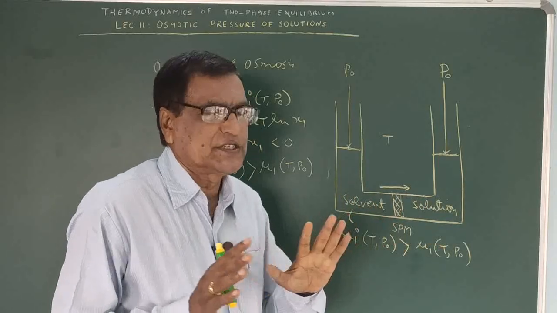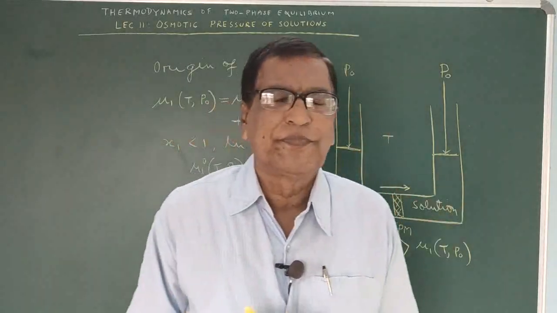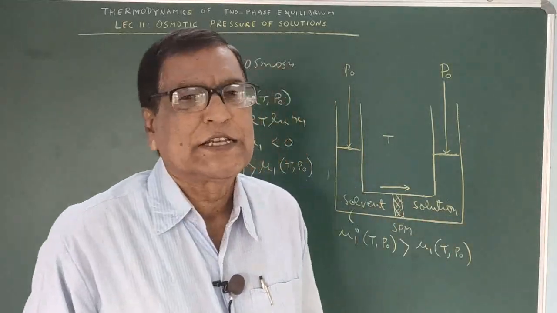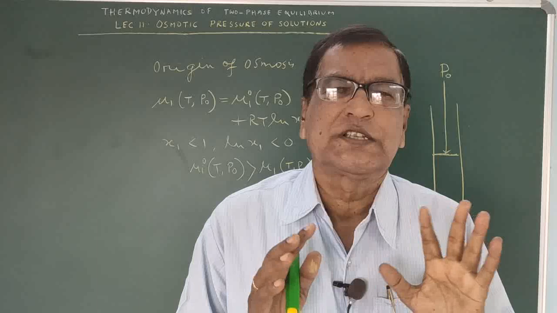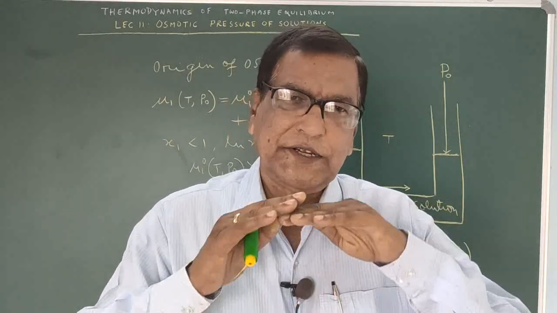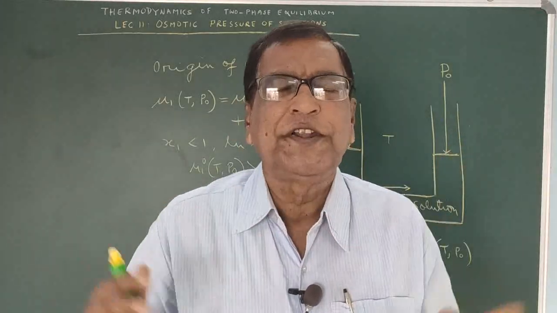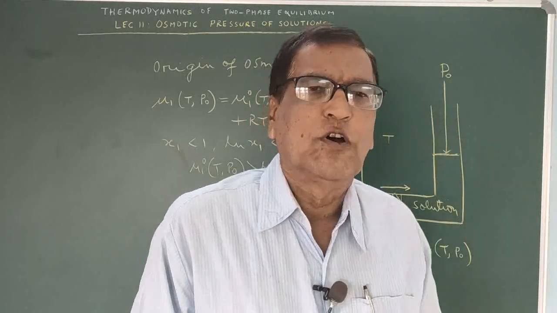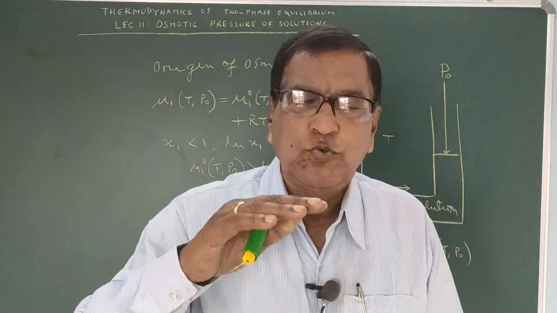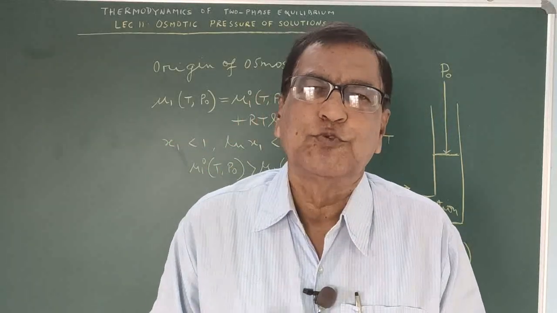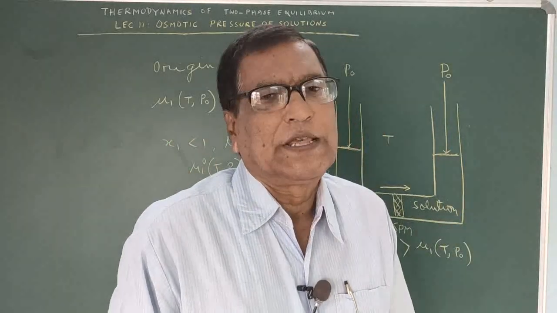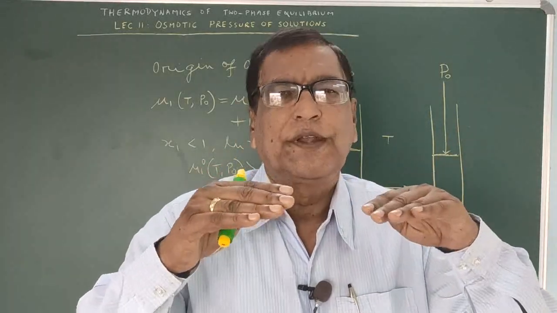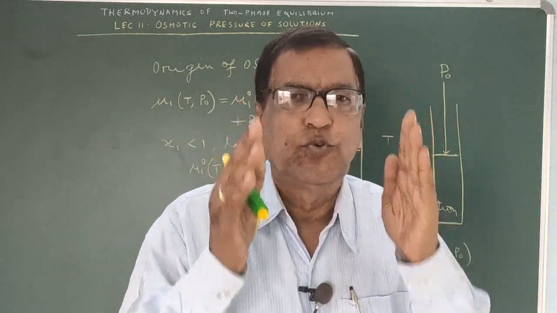to the solution side. As we know, chemical potential is a measure of the escaping tendency of a substance, and it moves spontaneously from the higher value of chemical potential to the lower chemical potential, to the side where chemical potential is lower.